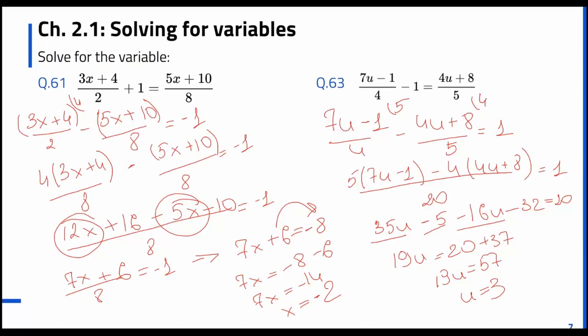Okay, so if you need more time to copy the solution, you can take a screenshot. So we will continue.